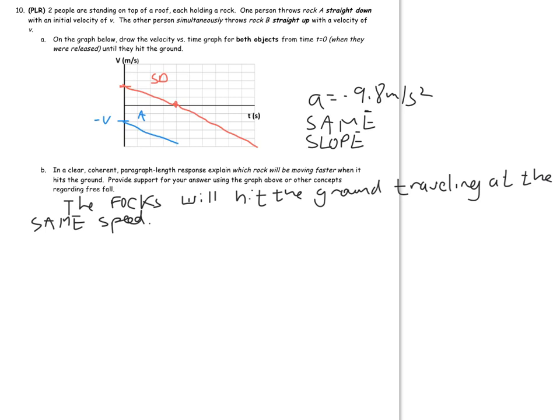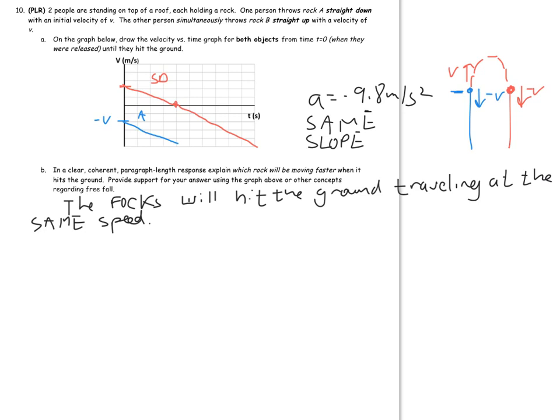So the one thing I can think about is the path of the two rocks. Rock A is just going to go from here straight down, and so it's initially traveling at negative v at that spot. Rock B is going to go up to the peak and then go down, and it's initially traveling at v when it leaves the person's hand, but that means that when it returns to that same spot, it's going to be traveling down at a velocity of v.